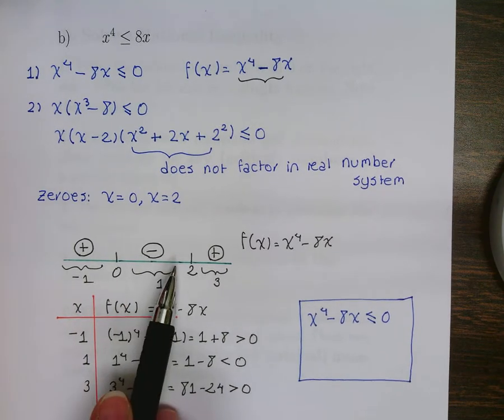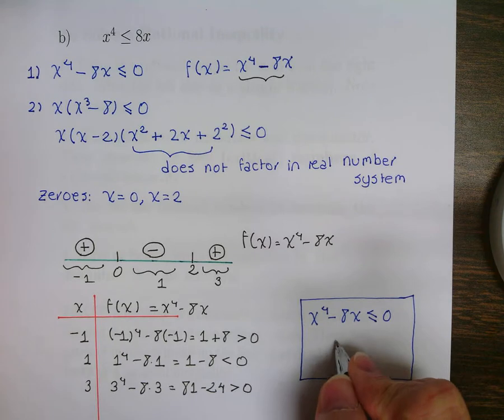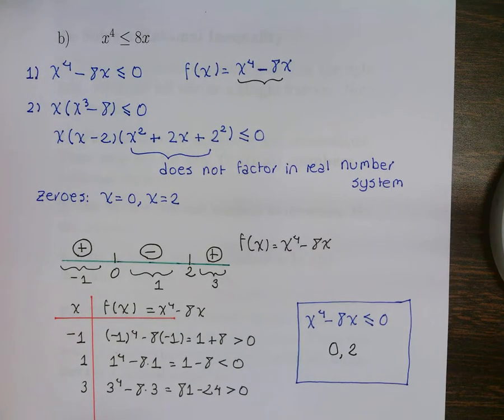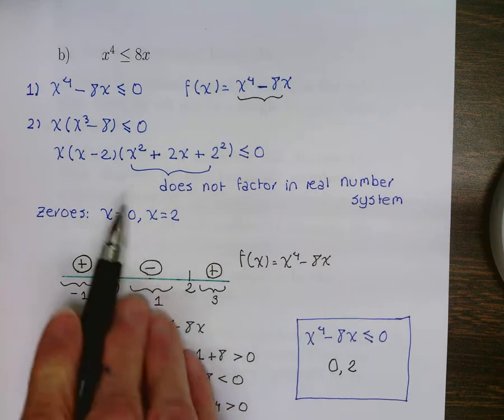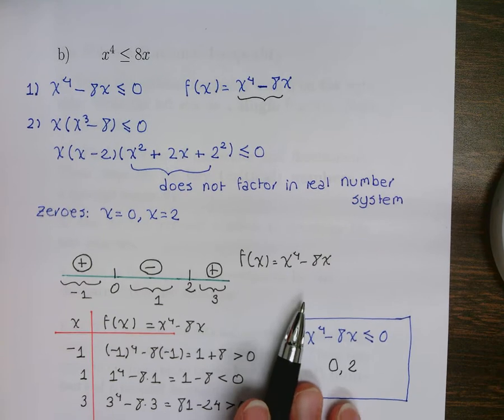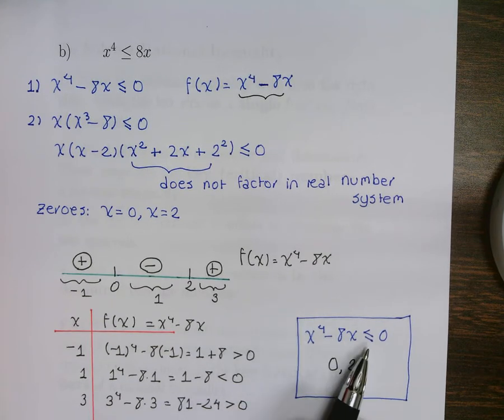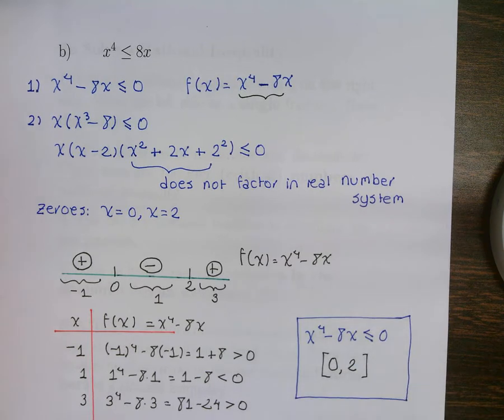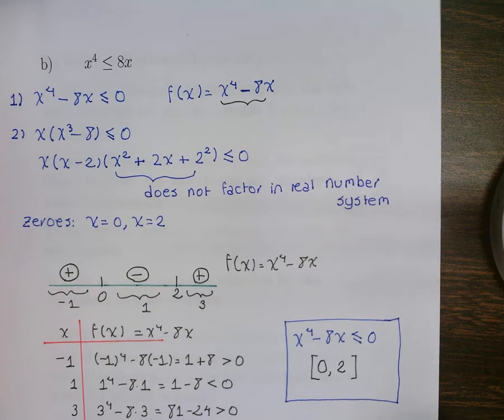Oh, that's going to occur between 0 and 2. Now the only question is, do I include the endpoints? Notice that the function is defined everywhere, so those values are in the domain. The inequality included in equals, so we have the closed interval from 0 to 2.